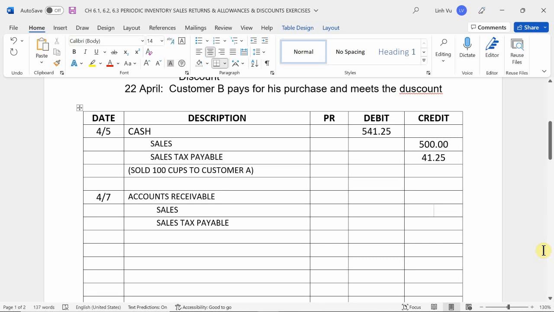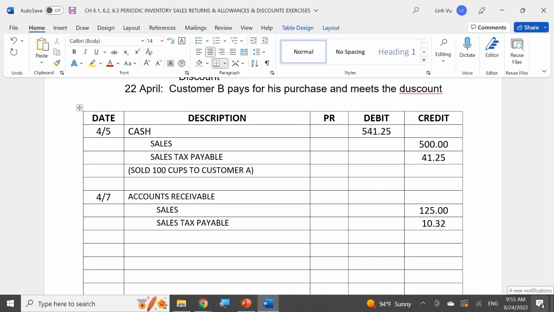How much tax am I going to charge on $125? $10.32. Okay. So therefore, overall, how much does customer B owe me? $135.32. Is it 31 or 32 cents? 32.